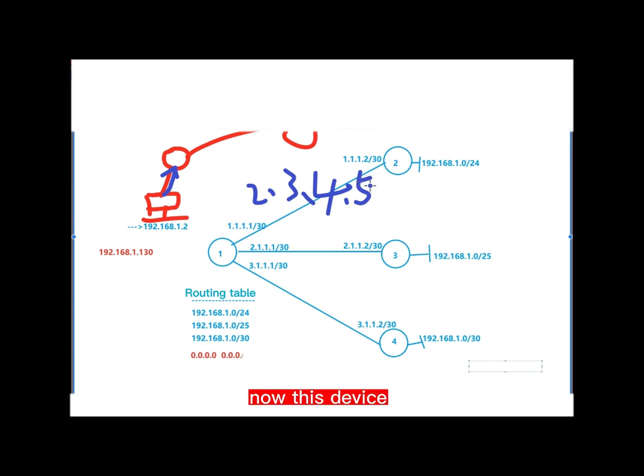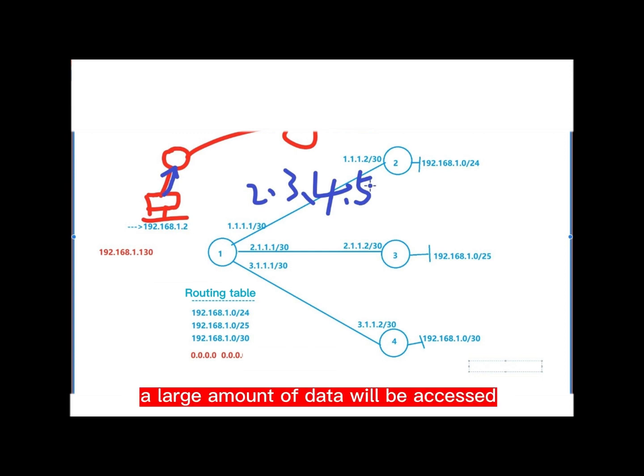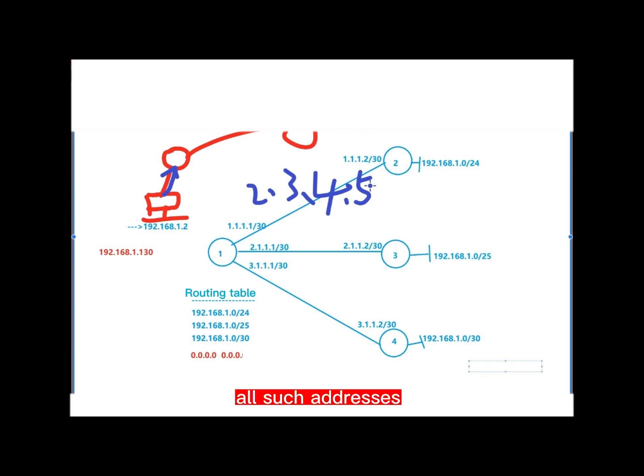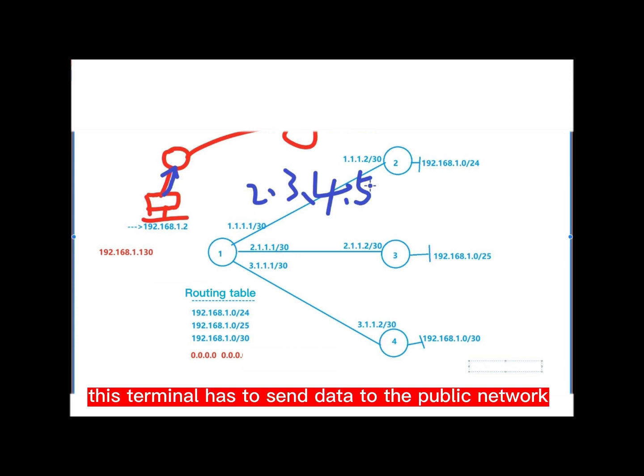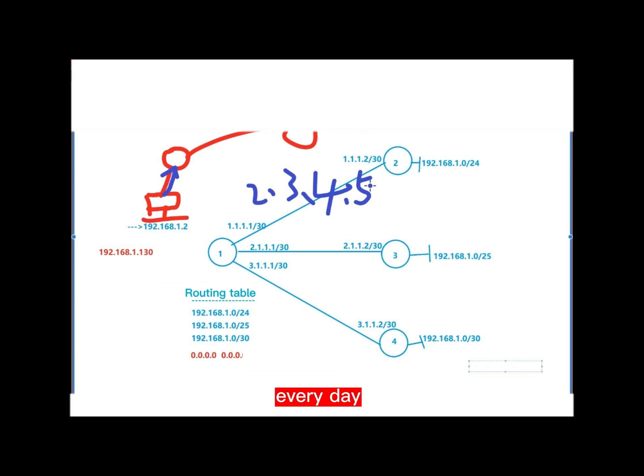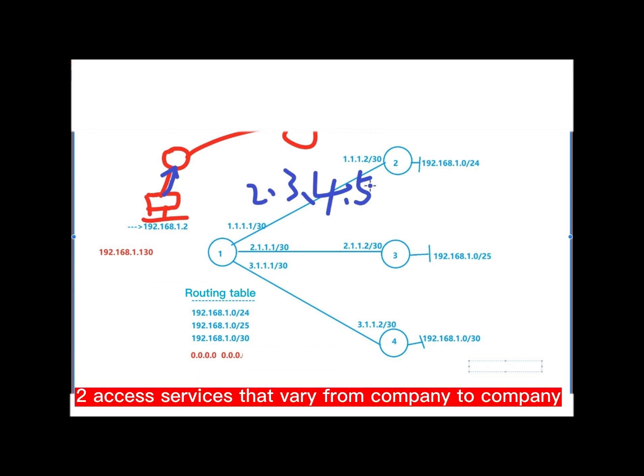Now if this device wants to help forward, it must have a route to 2.3.4.5. Assume that a large amount of data will be accessed every day, to all such addresses. This terminal has to send data to the public network every day to access services that vary from company to company.